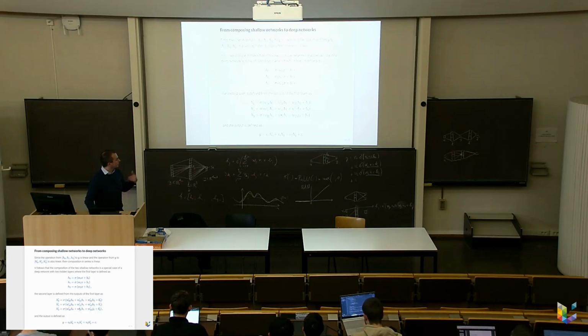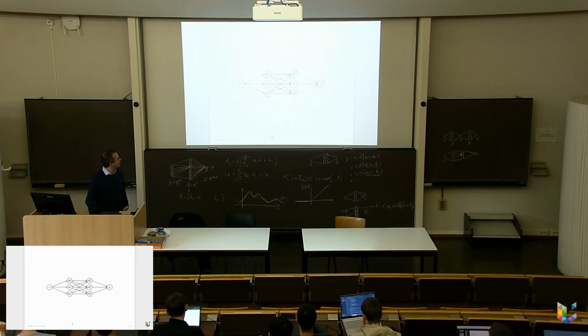Okay? And then we compute the output of the second layer, and we use it to produce the final output of the neural network. Again, by just doing a weighted sum of the activation values, but now of the second layer instead of the first one. Okay? So the diagram now would correspond to something like this.